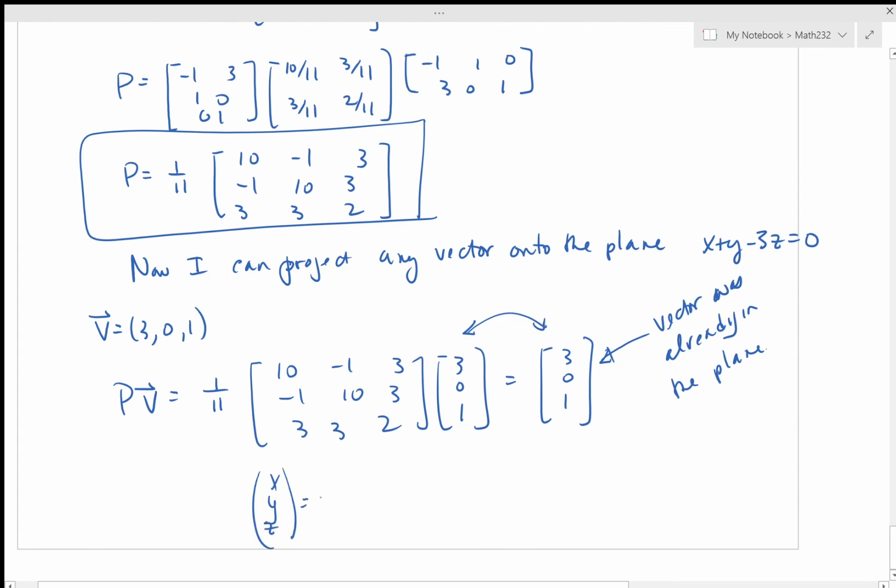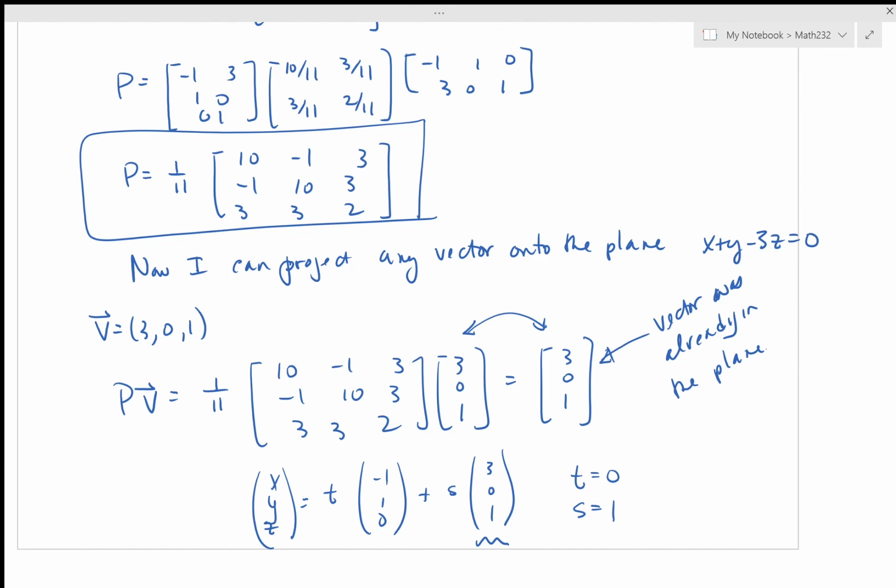They're defined like this: t times -1, 1, 0 plus s times 3, 0, 1. And then I think, oh, it is true that this vector was in the plane, because if I take t equal to 0 and s equal to 1, I could easily see that the vector was already in the plane. So now when I projected something that's already in the plane, that's where I would expect it to stay.